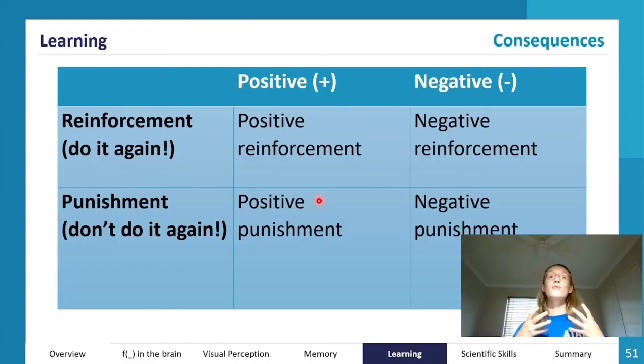For example, adding nagging or yelling. If a child does something really dangerous or unsafe, a parent might yell or tell them off. So something is being added so they know not to participate in that behavior again. Like I said before, a parent scolding their child for fighting with their sibling.